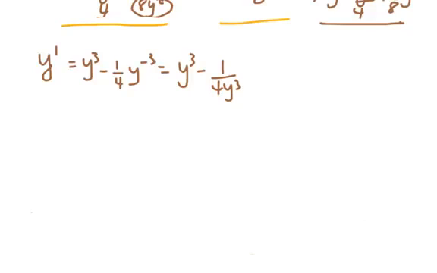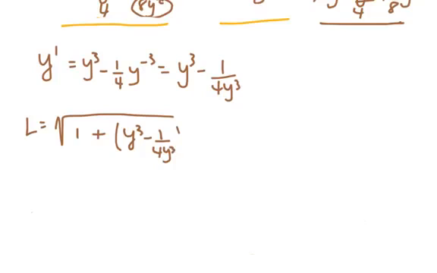And this is where it gets a little bit messy. So the arc length is simply the root of 1 plus the derivative squared.